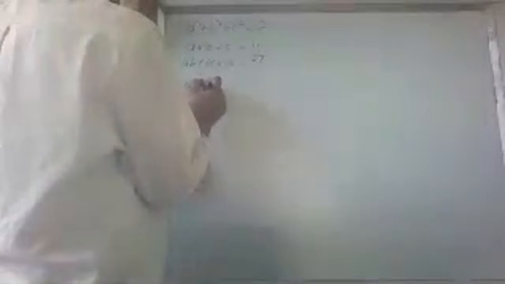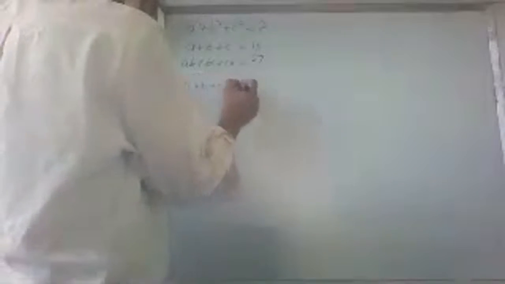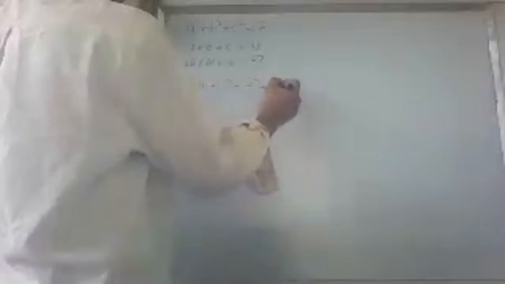You know, a plus b plus c whole square is a square plus b square plus c square plus 2 times ab plus bc plus ca.